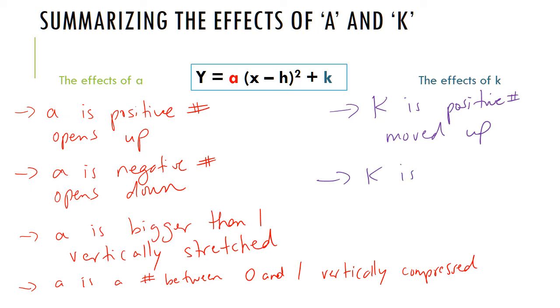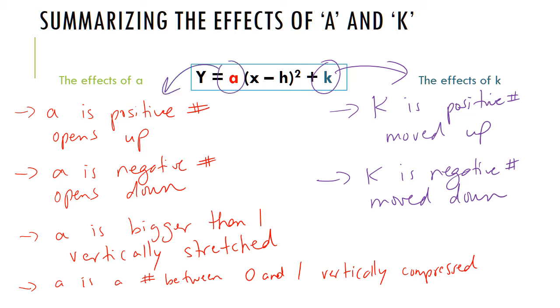When K is a negative number, your graph moved down. So remember this: K is positive, moves up. K is negative, your graph moved down.